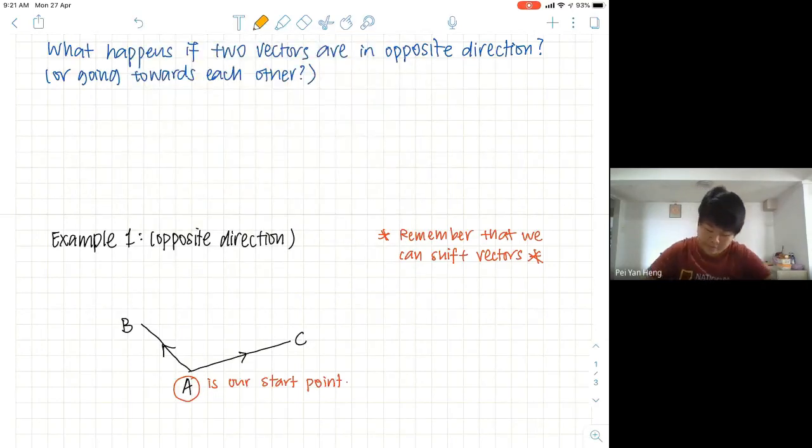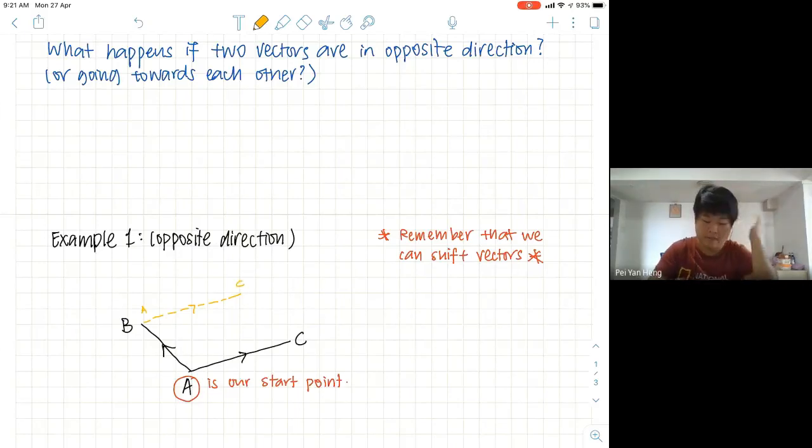Let's say if you want to move AC, then it would be 4, 5, 6. You'll be here. This is our moving up. This is like your AC here.